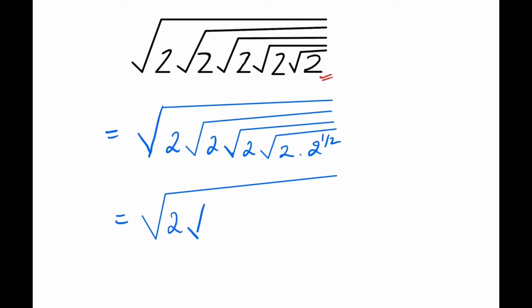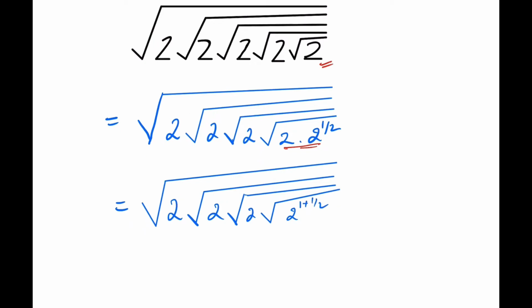into square root of 2 into square root of 2. Now these 2's we can write like that under root 2 raised to the power 1 plus 1 by 2.